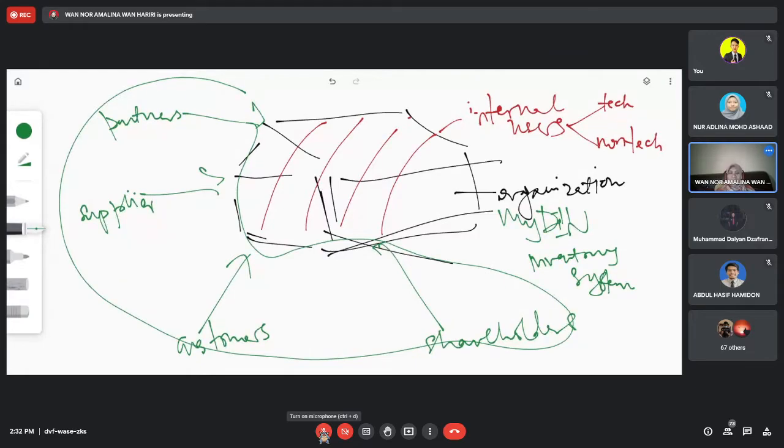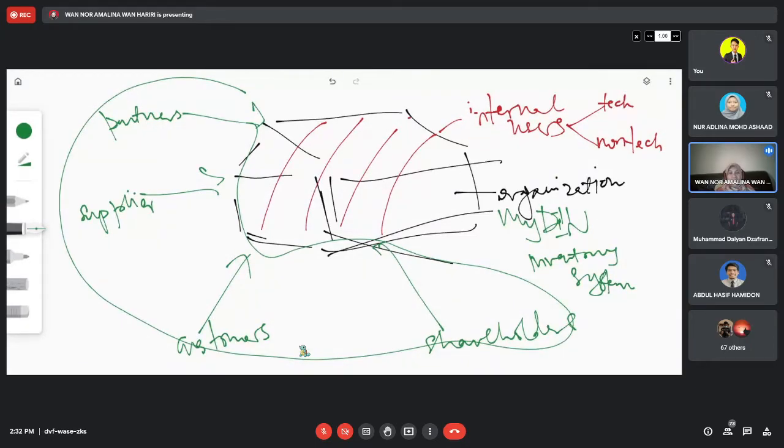For example, the supplier. How does the supplier outside Maidin use the inventory system? Okay, order items. That is one. Which actually is quite outdated.